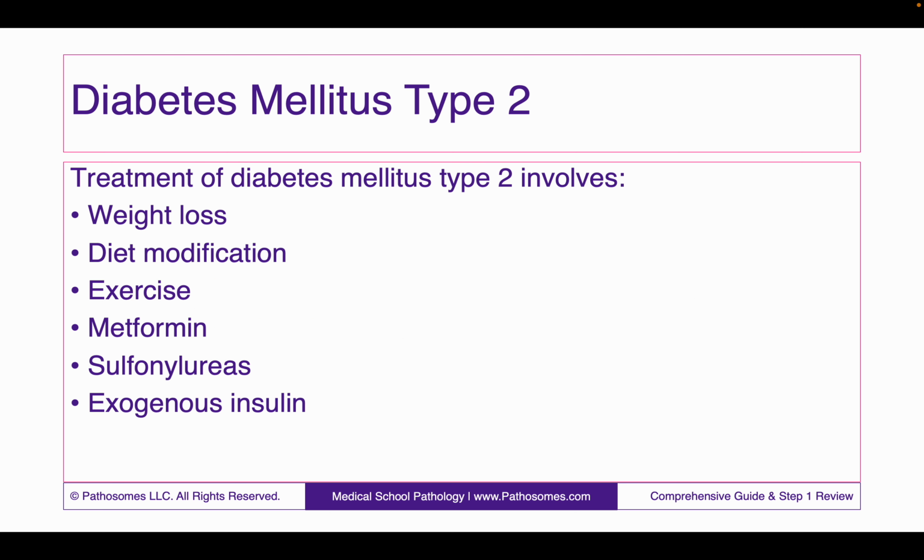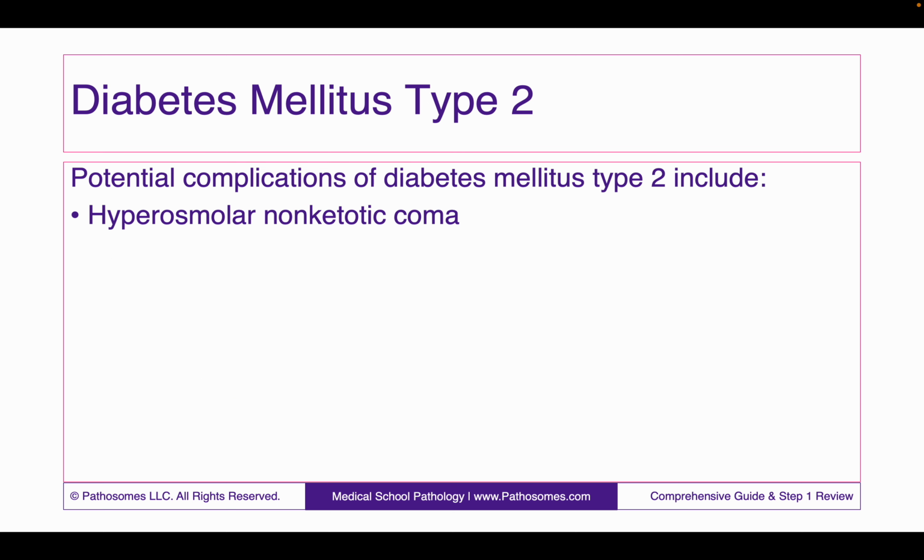Treatment of diabetes mellitus type 2 involves weight loss, diet modification, exercise, metformin, sulfonylureas, and sometimes exogenous insulin. Now, there are some potential complications of diabetes mellitus type 2. Specifically and importantly, we need to highlight hyperosmolar non-ketotic coma.